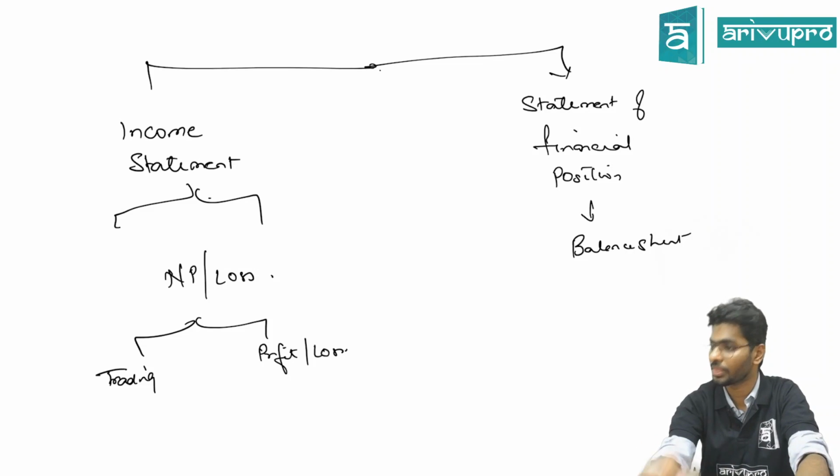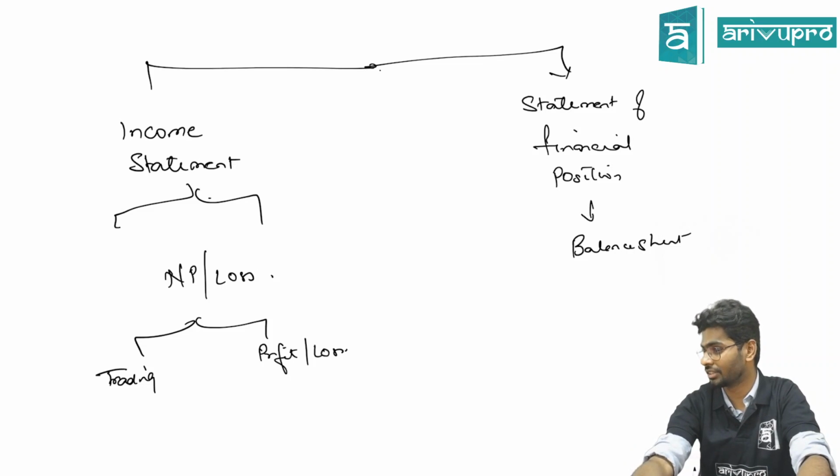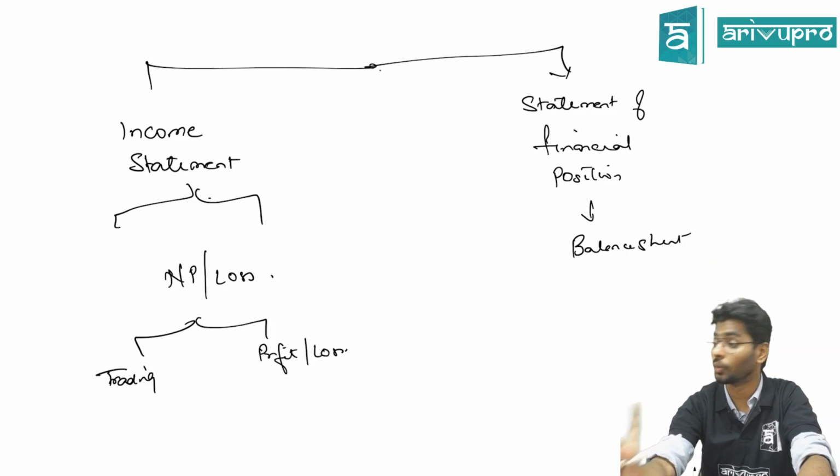Are you clear? Now, any transaction which is outside the trial balance, we call it adjustments. Whatever appears in the trial balance should appear either once in the balance sheet or once in the income statement. Whatever is in the trial balance will only appear how many times? One time.